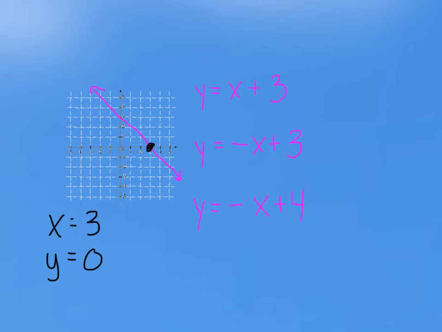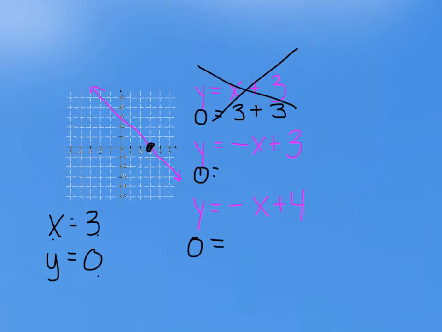So now let's go through these equations. We're going to replace all our x's with 3's and our y's with 0. So we've got a 0 here, a 0 here, and a 0 here. And then x we're going to replace with 3. So in this first one, it's 0 equals 3 plus 3. That is obviously incorrect, so we can ignore that one.